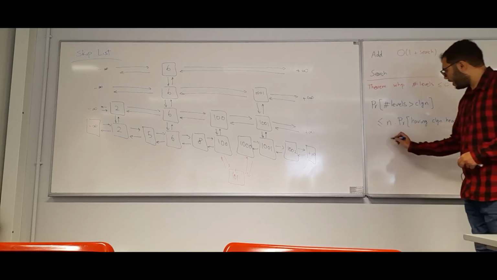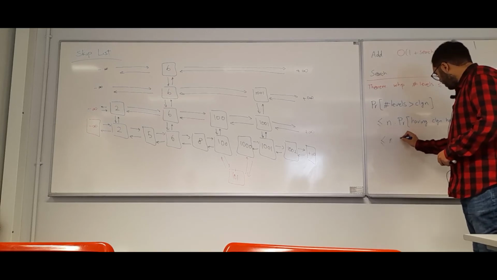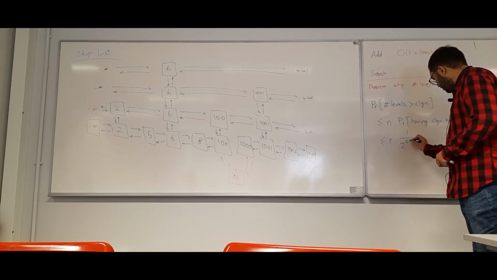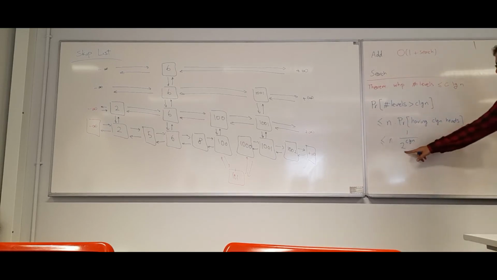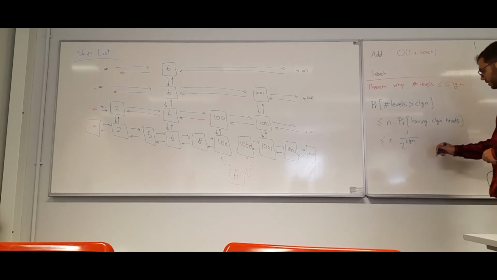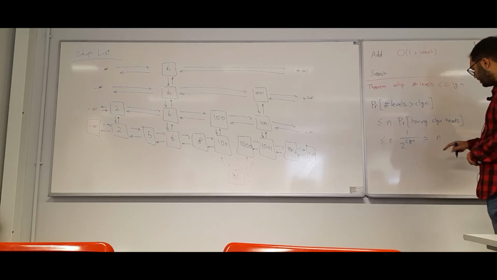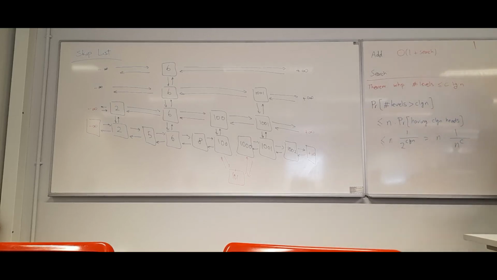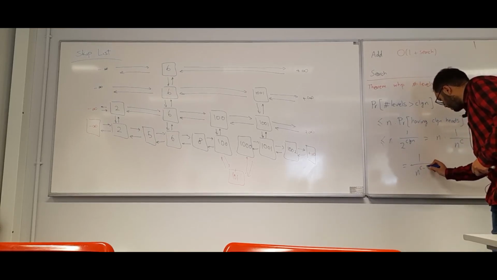So the probability of having c log n heads is just 1 over 2 to the power of c log n. 2 to the power of log n is n. So this is n times 1 over n^c, which is just 1 over n to the power of c minus 1.